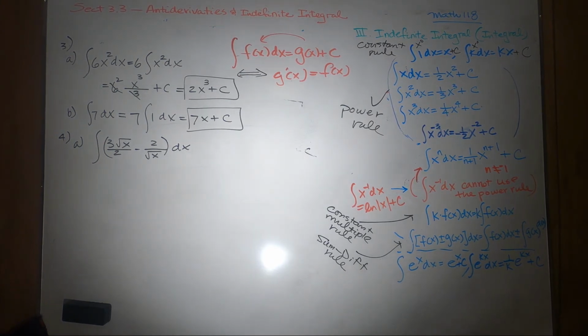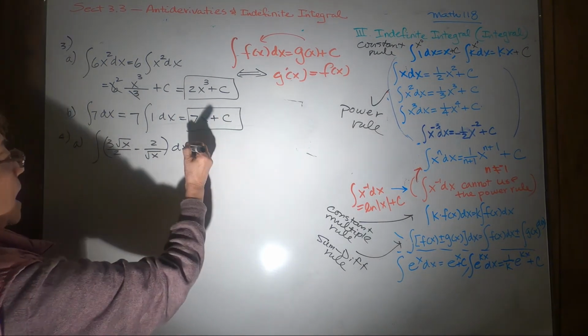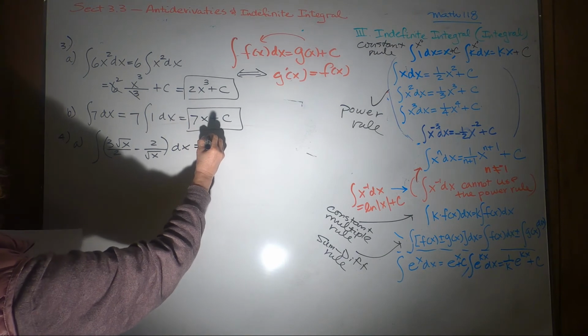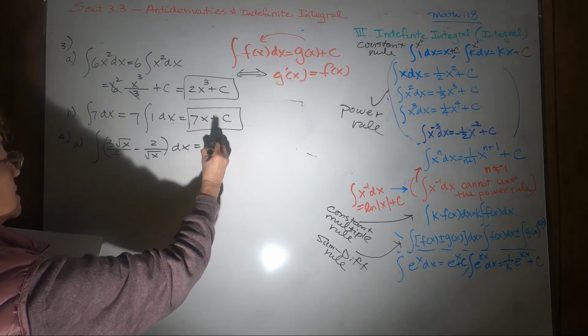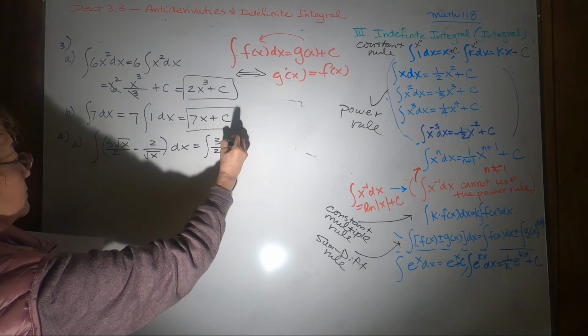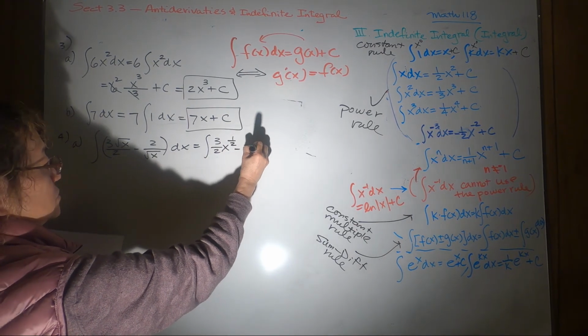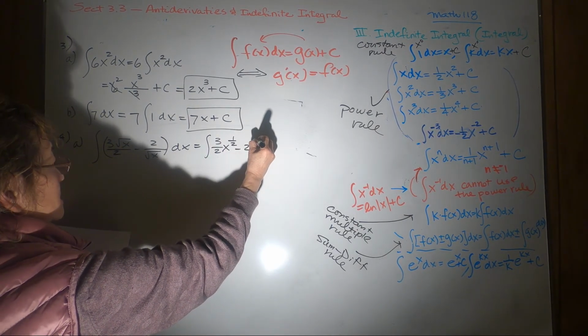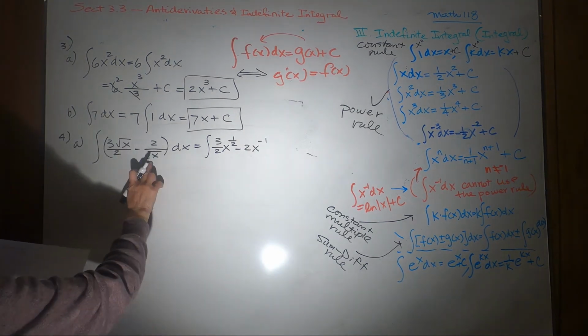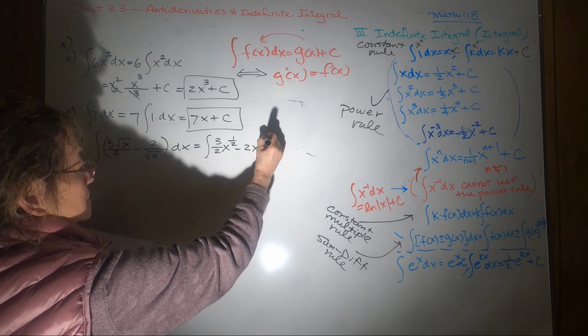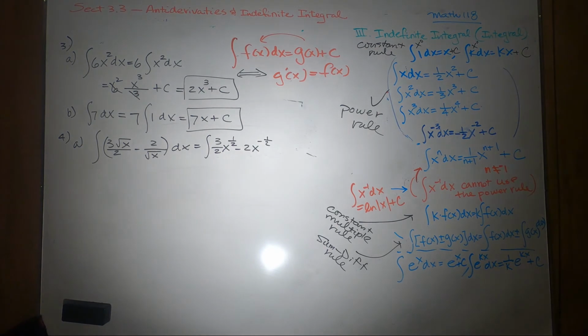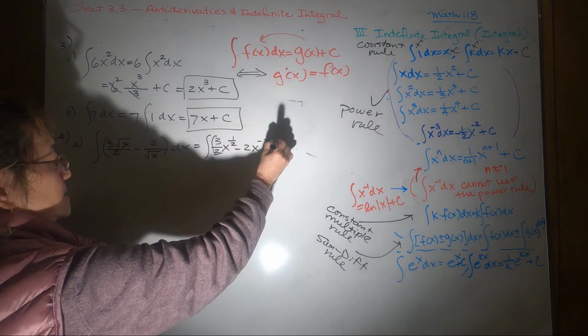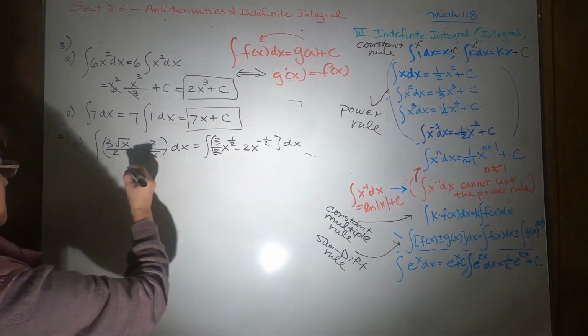You have sum and difference, so you separate them and write everything in power form. So we have 3 halves x to the half power minus 2 x to the negative half, then dx.